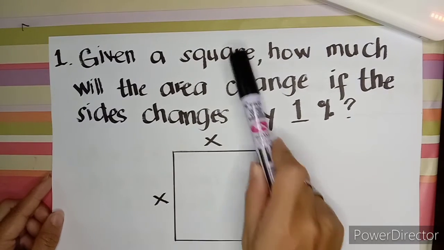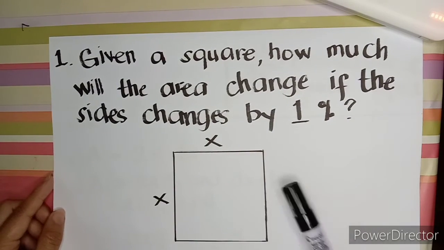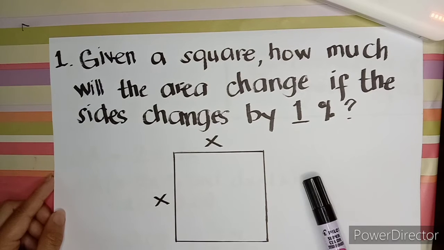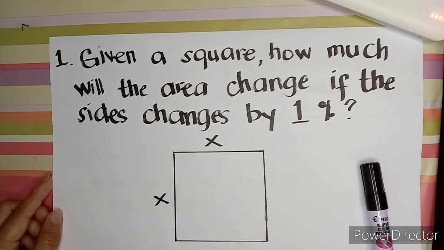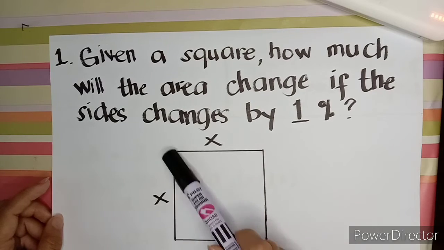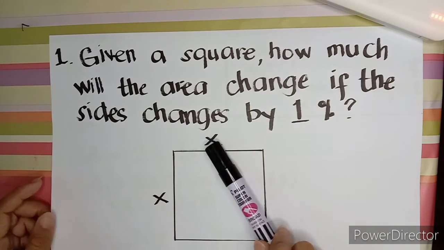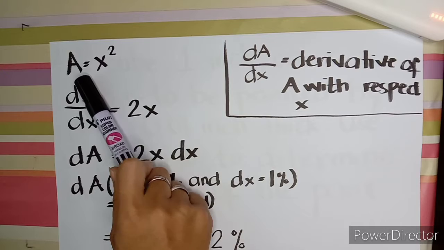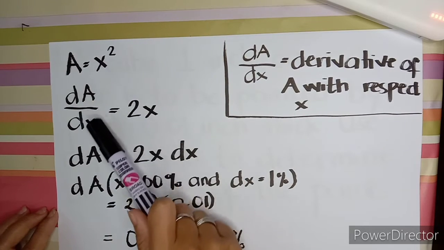On getting the area of a square, the formula is A, or area, is equal to side squared. In this square, we name its side x, so A is equal to x squared.